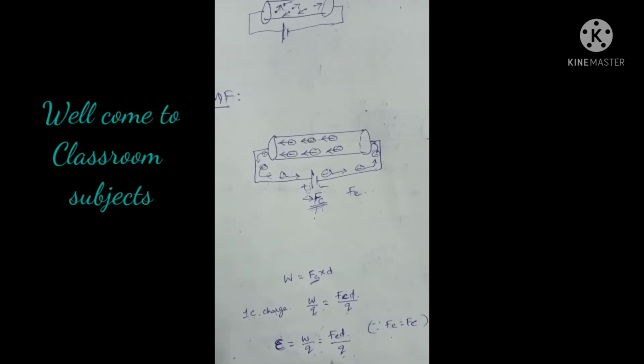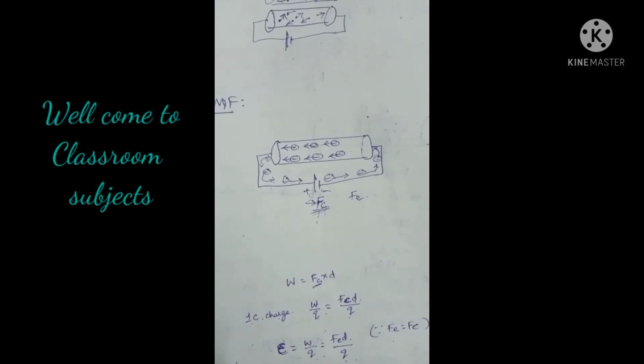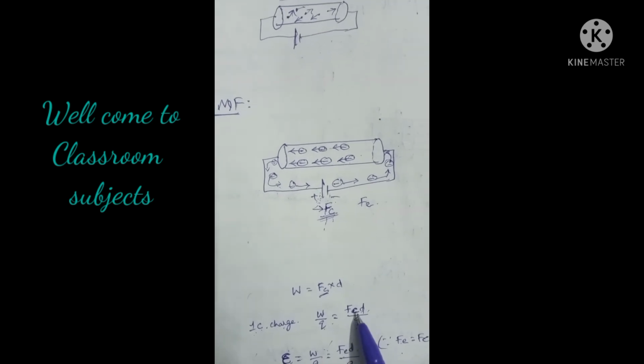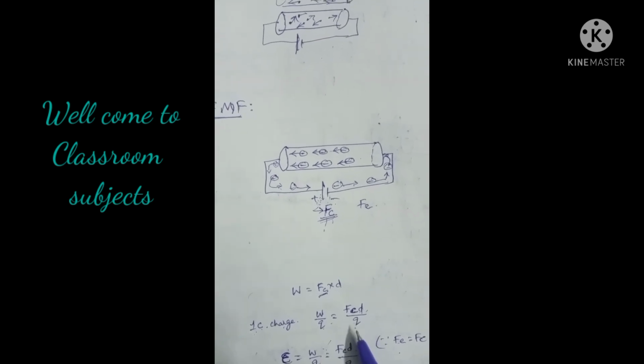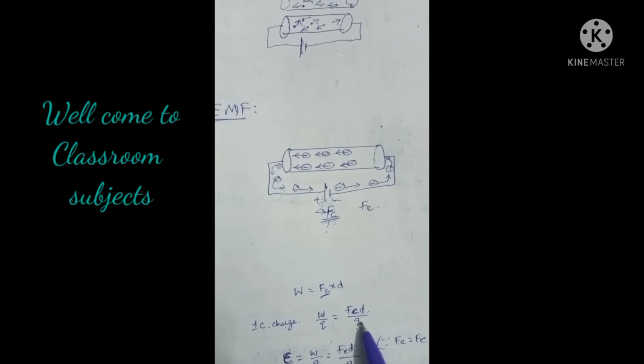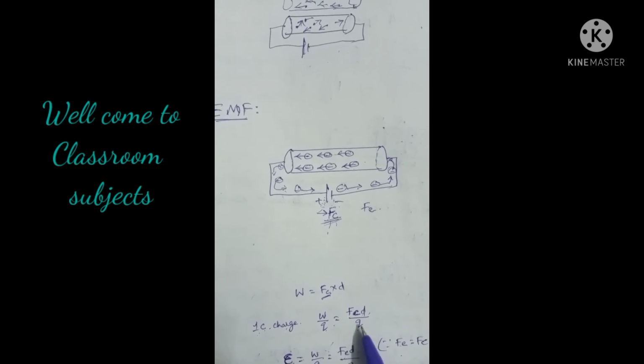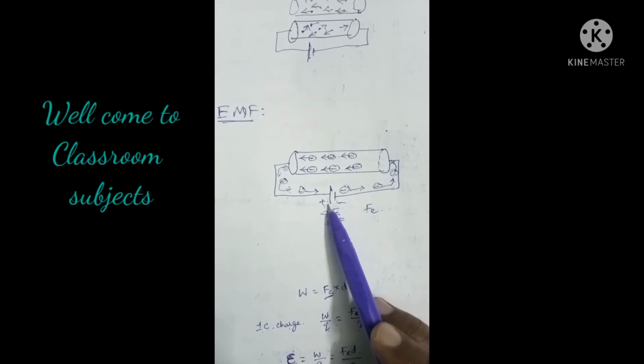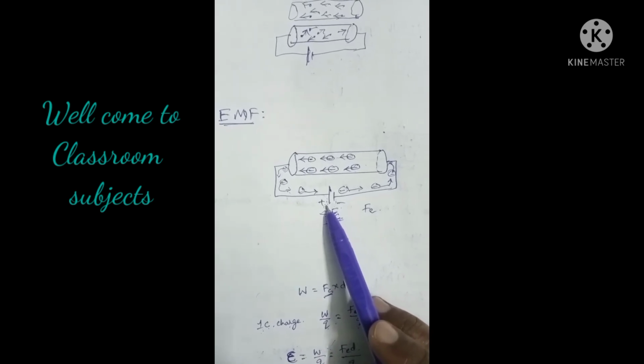So EMF is defined as the work done by the chemical force to move a unit positive charge from the negative terminal of a battery to the positive terminal of the battery.